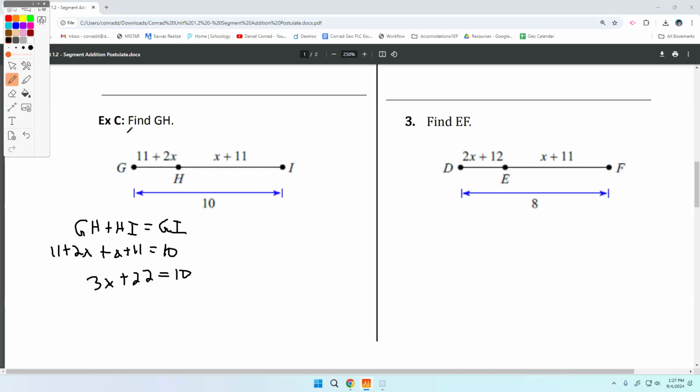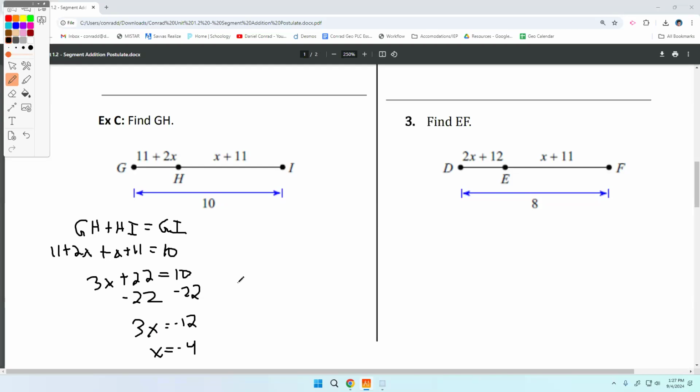Ooh, we're going to end up with a negative here. This is not going to be good. Okay, subtract 22 on both sides. We're going to end up with 3x equals negative 12. When you divide by 3 on both sides, you're going to end up with x equals negative 4.